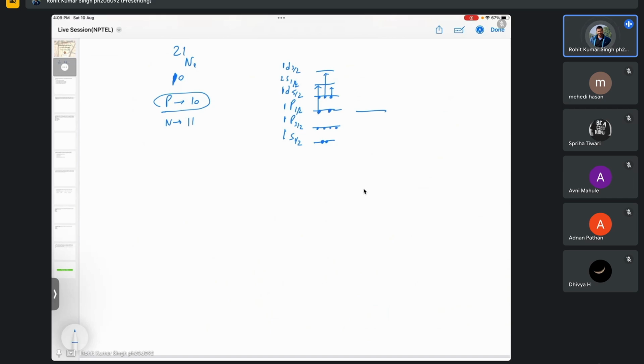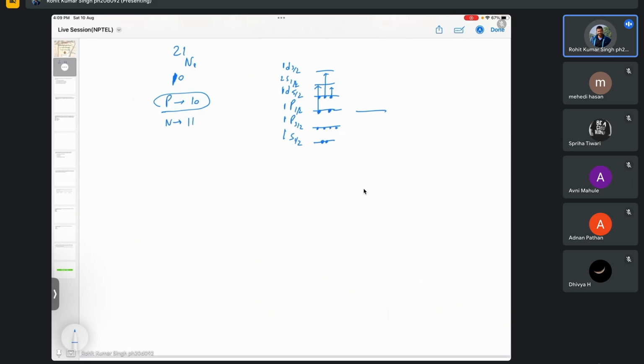All these possibilities are always there, and it depends on the energy that is provided to the nucleus. If it has sufficient energy, it will acquire higher states.